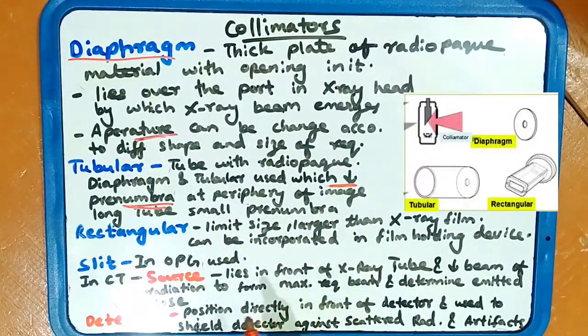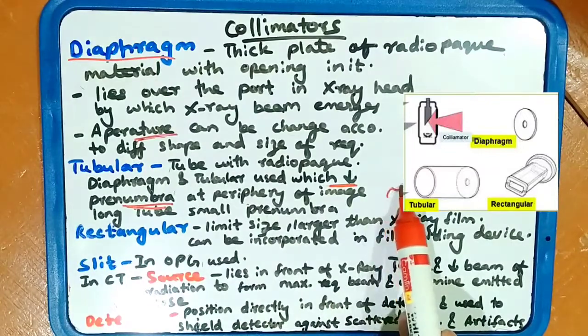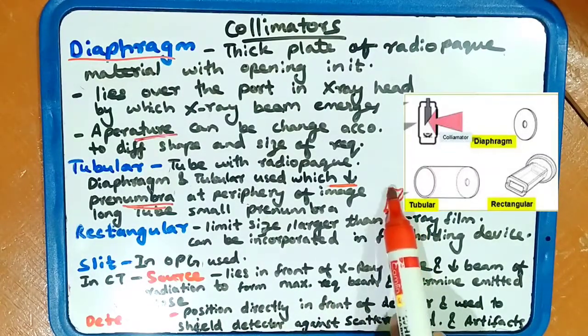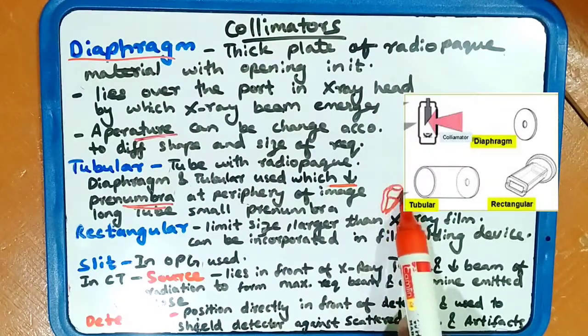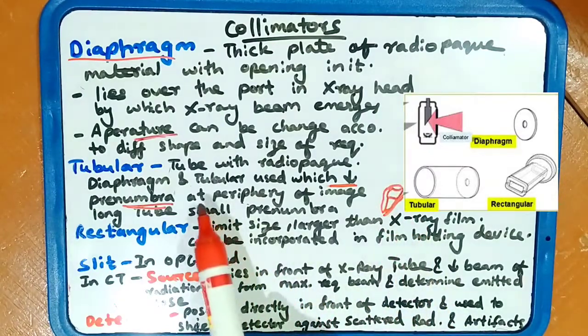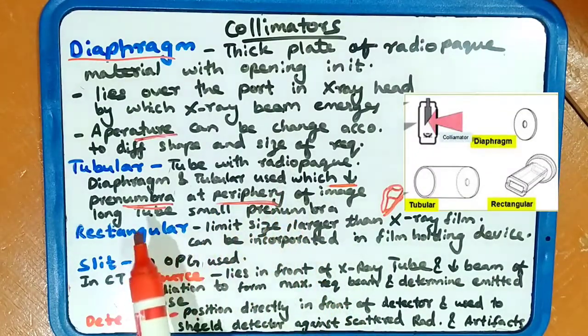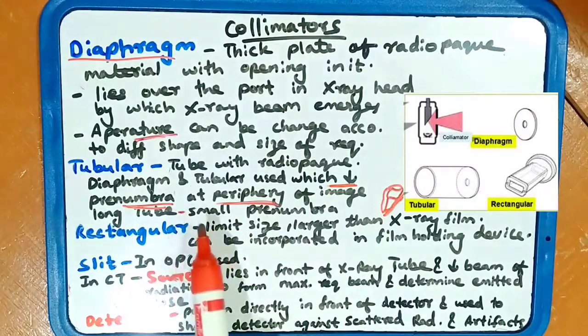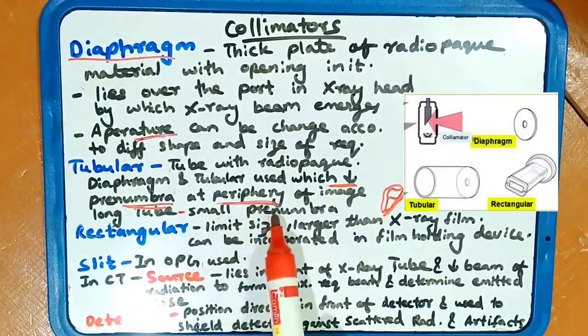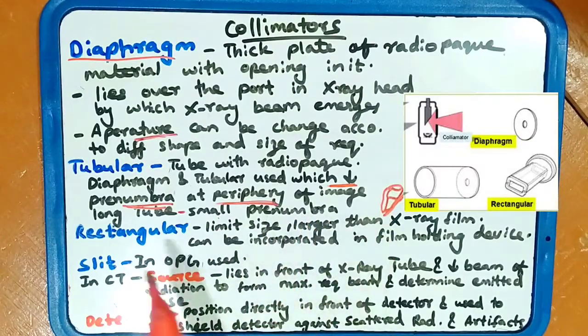If this is the image and the shadow is coming around the image, this is known as penumbra. The shadow coming at the periphery of the image is known as penumbra. So it decreases this. The longer the tube you use, the smaller the penumbra of the image you are going to get.